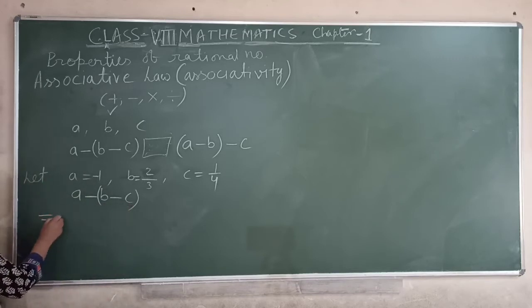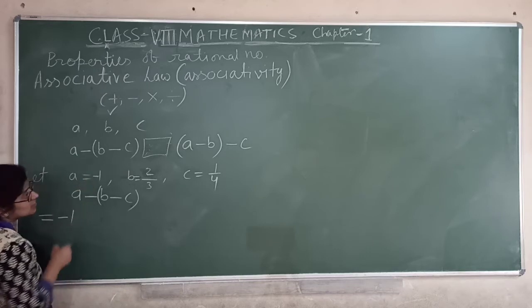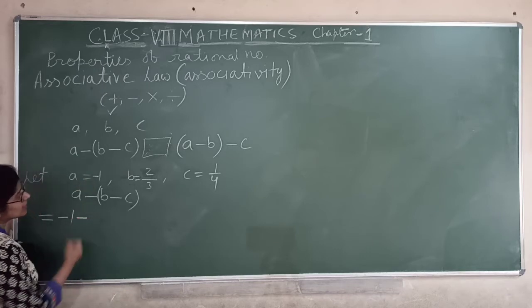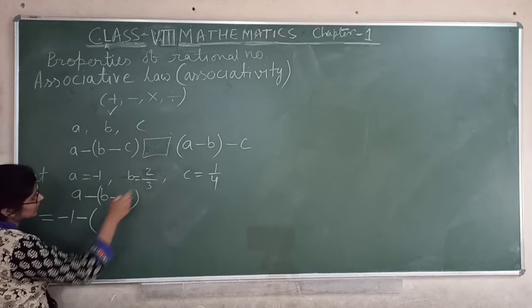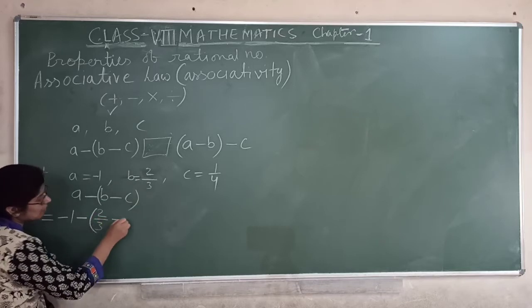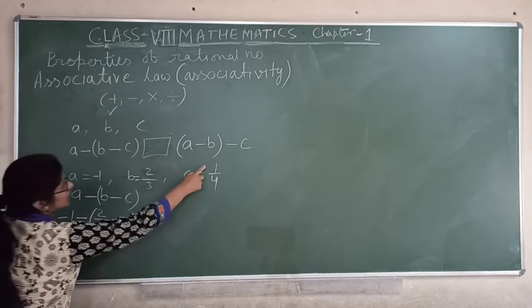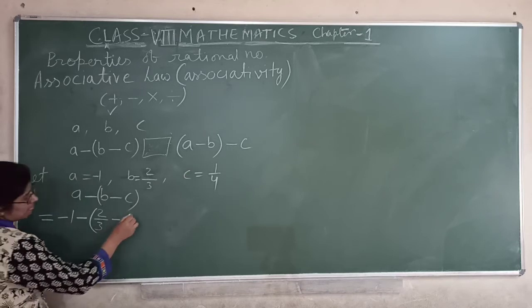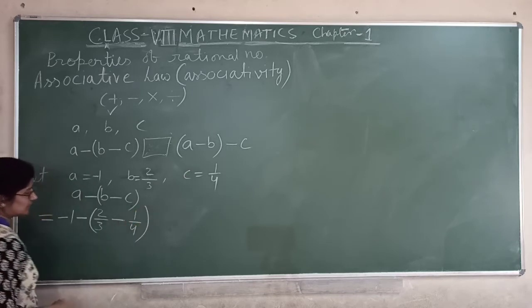So what will we do? A is minus 1, then minus within bracket 2 by 3 minus, and here 1 by 4, since C is 1 by 4.